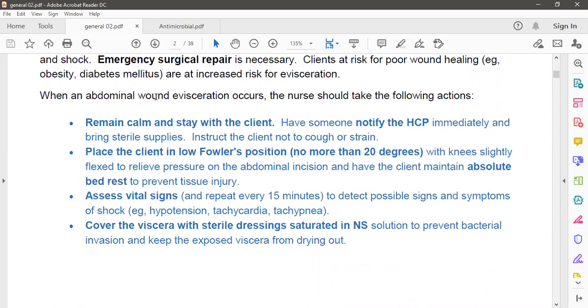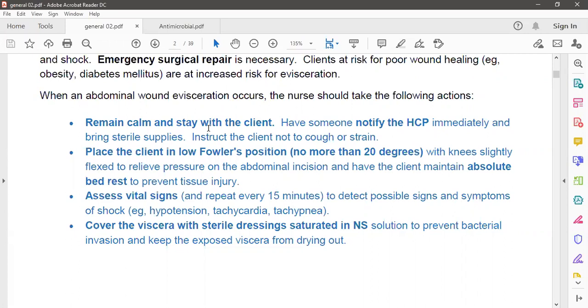When an abdominal wound evisceration occurs, the nurse should take the following actions: remain calm and stay with the client. In any kind of emergency, we always stay with the patient. We can call a co-worker for help, and at the same time someone notifies the healthcare provider immediately and brings the sterile supplies because the wound is open.